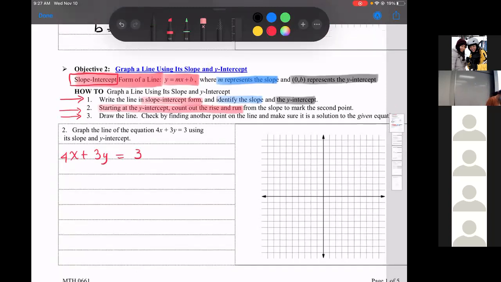So I want to move everything that is not y to the right-hand side. On the left-hand side, it's just 3y equals negative 4x plus 3. I prefer you write negative 4x first. Some people would write 3 minus 4x, but I prefer the x come first. Good, divide everything by 3. So y equals negative 4/3 x plus 1.